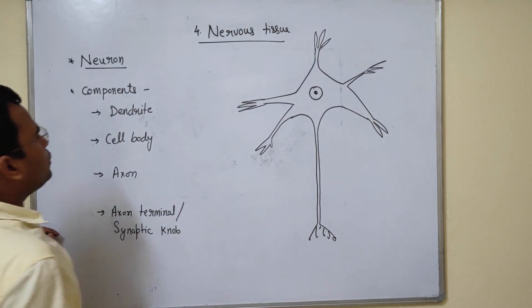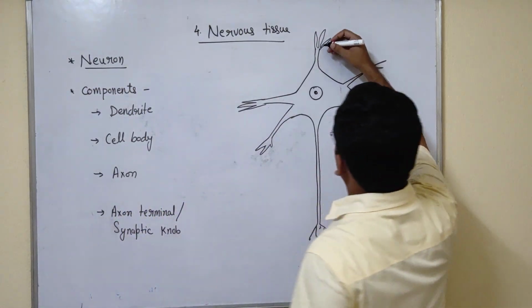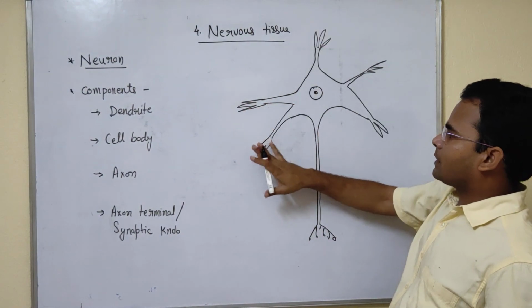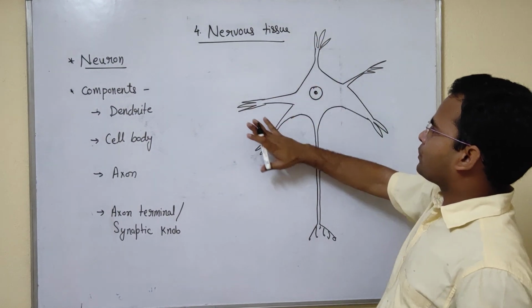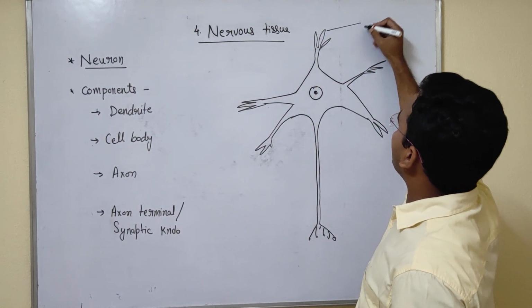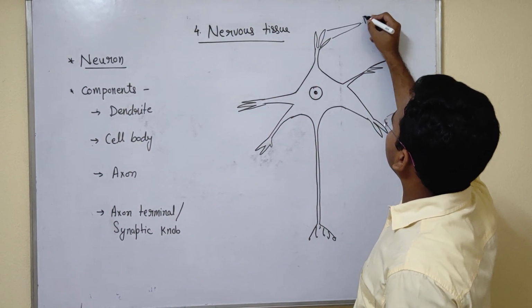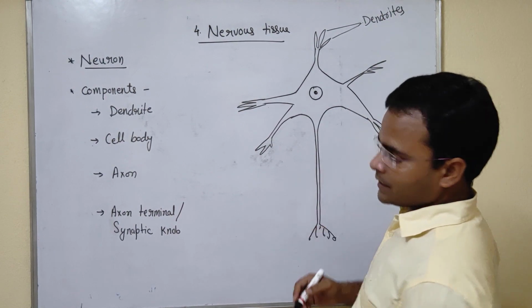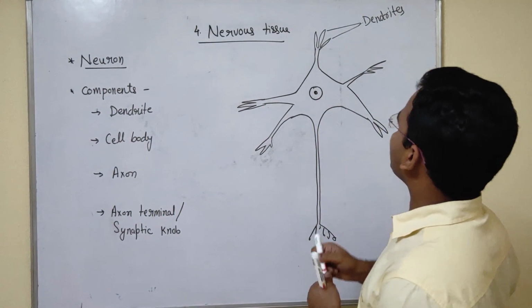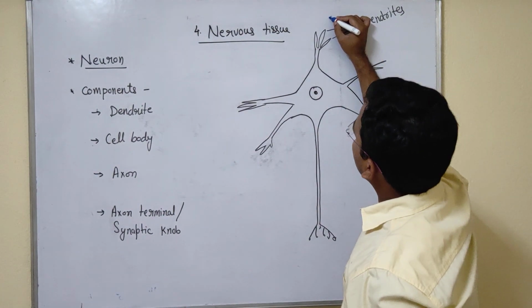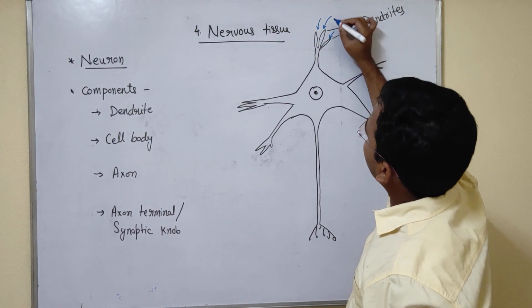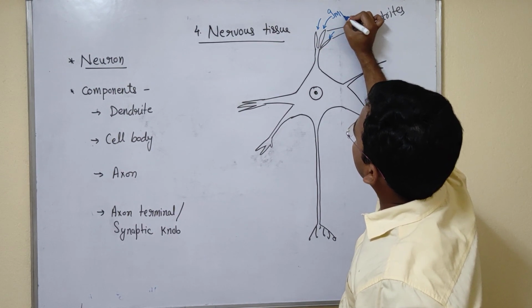So what the dendrite is actually, in the cell body, the finger-like projections are present. They are highly branched projections. They are called dendrites, D-E-N-D-R-I-T-E-S. Its function is to receive the nerve signal. These dendrites will get the nerve impulses.